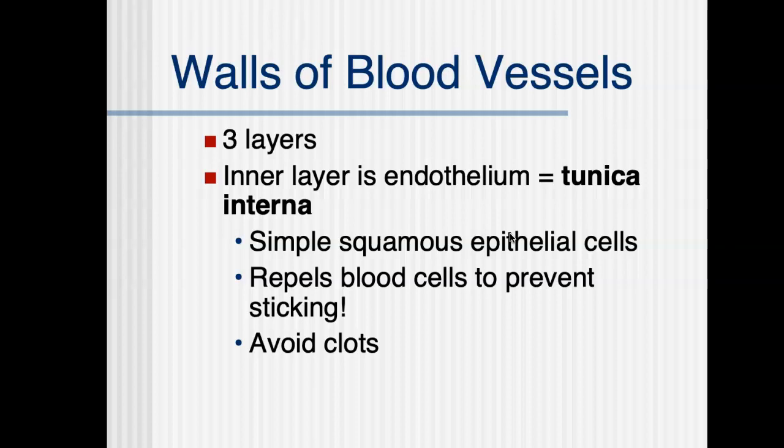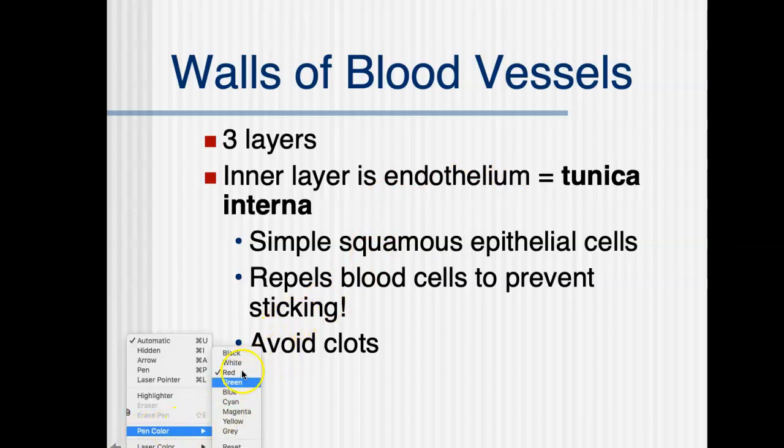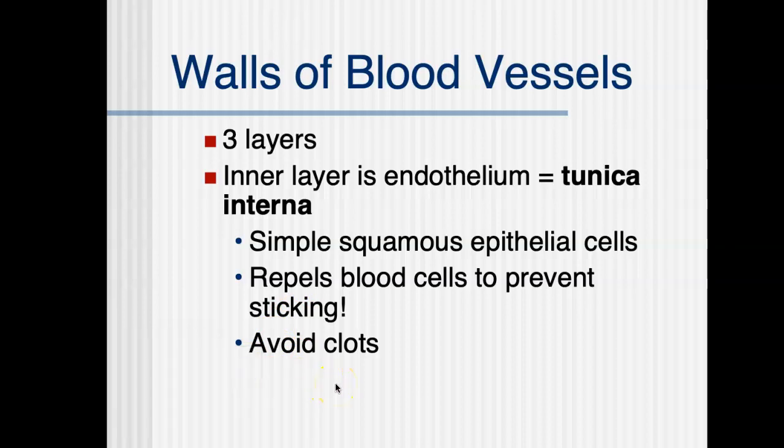If we take them from in to out, the inner layer is the endo layer, right? It's the endothelium, also called the tunica interna because it's on the inside. And all vessels are going to have that liner, the tunica interna.